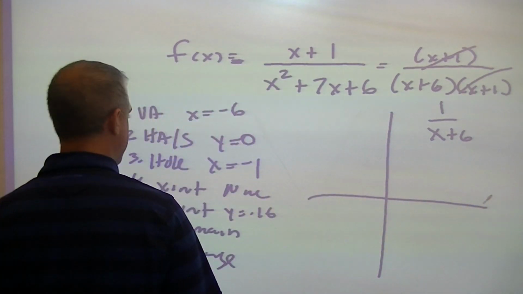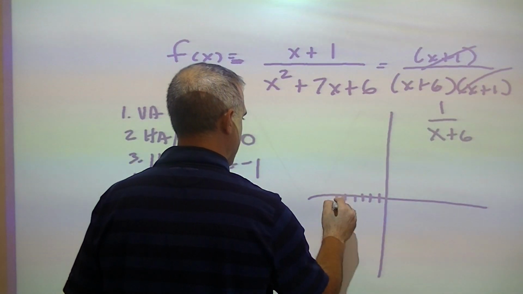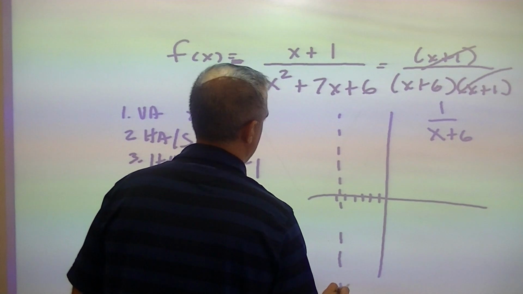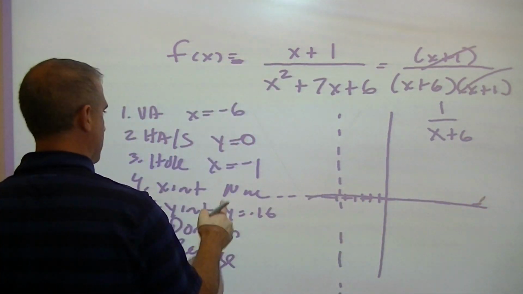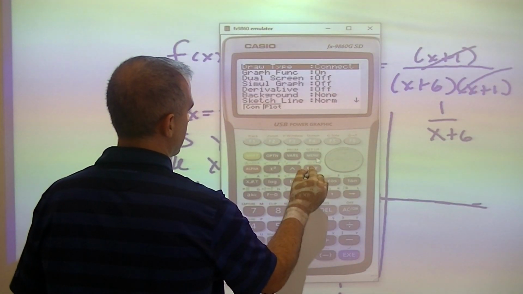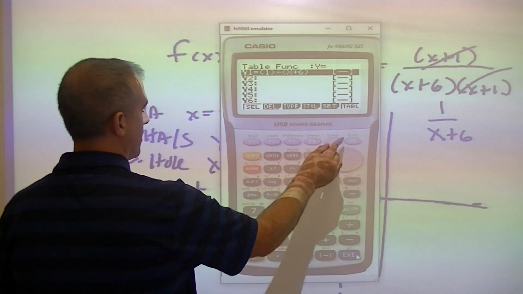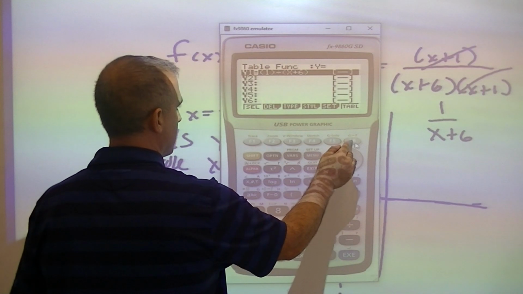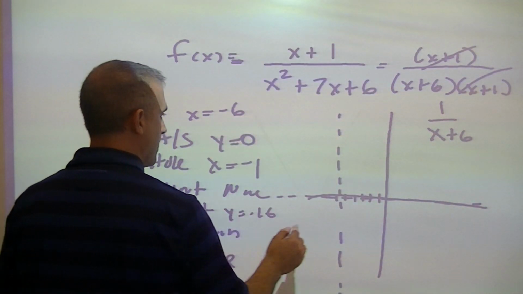So I graph all that stuff: vertical at -6, horizontal at 0, a hole at -1. Oops. Sometimes that happens, make sure you hit select. The hole is at -1 and 0.2.